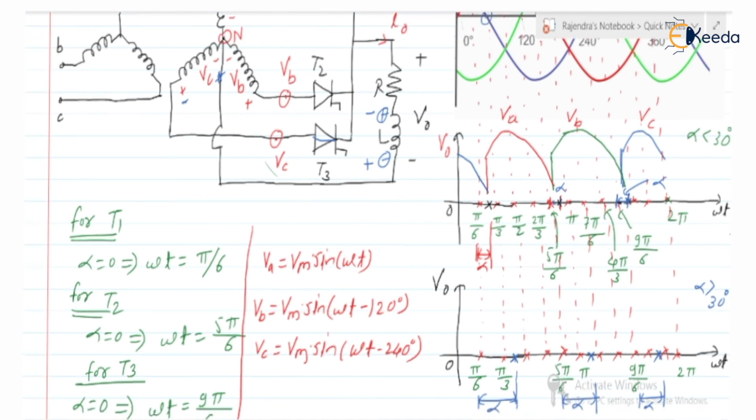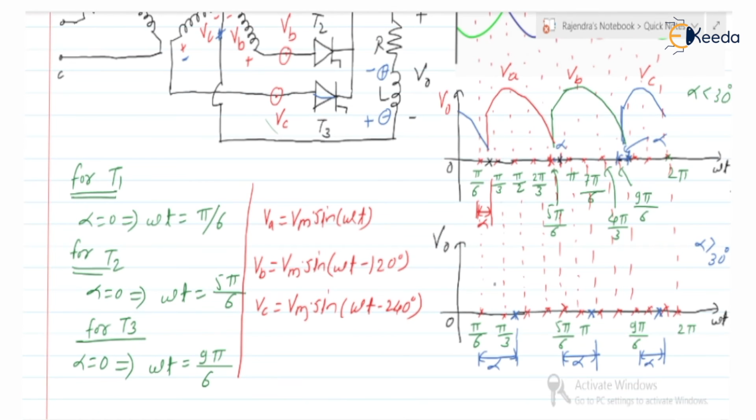Here please be careful. After omega t is equal to pi by 3, the load voltage will be negative. So the pulse will be like this. Here we will have the negative pulse. After that it will increase to Va suddenly, so here we will have the Va. Next the thyristor turns on, and we will have the pulse like this.